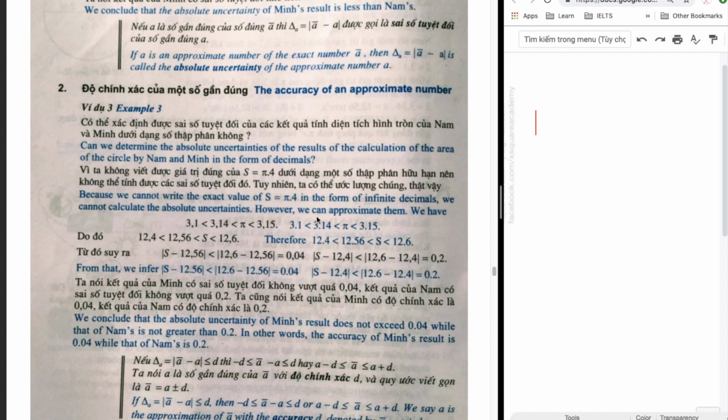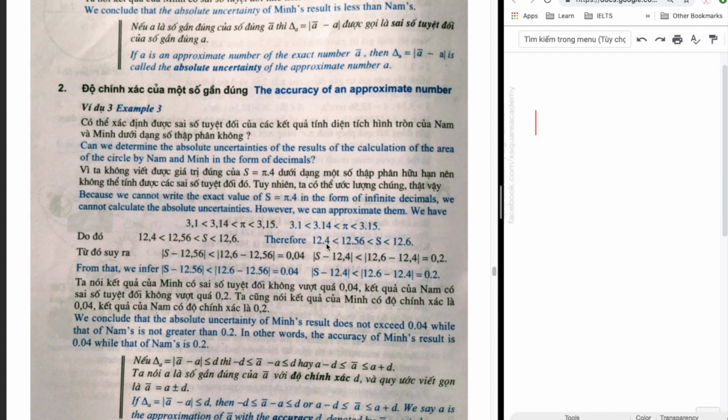However, we can approximate them. We have 3.1 is less than 3.14, 3.14 is less than pi, and pi is less than 3.15.